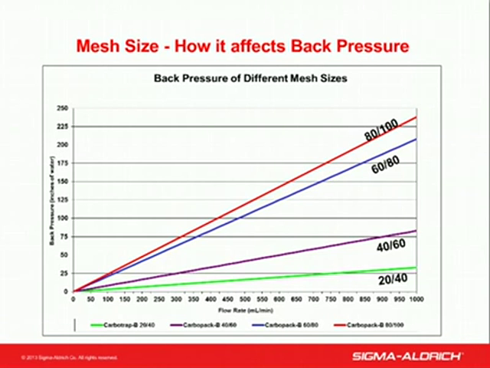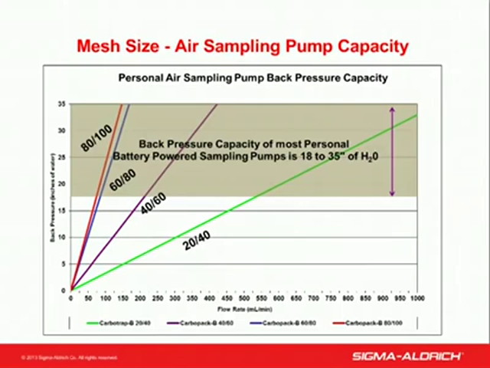So what does this all mean? Usually, our problem with back pressure is due to air sampling pump capacity. Most of the personal air sampling pumps are battery powered, and they have a back pressure rating that they can handle anywhere from 8 to 35 inches of water depending on their brand and manufacturer.